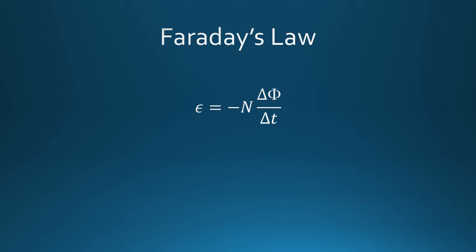Try to think of EMF, electromotive force, as an increase in energy gained per unit charge by charges passing through a supply, and it's measured in volts. We can use Faraday's law to define magnetic flux.